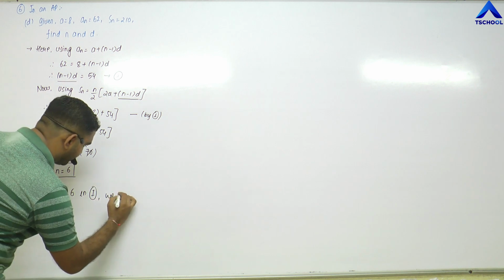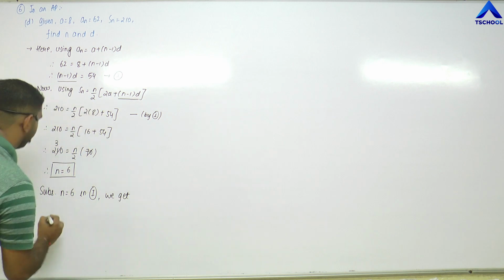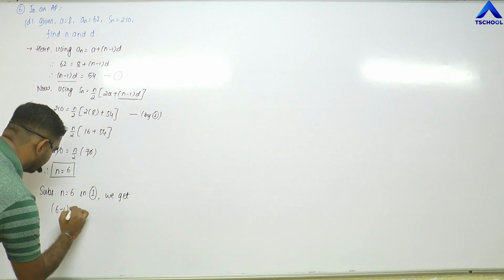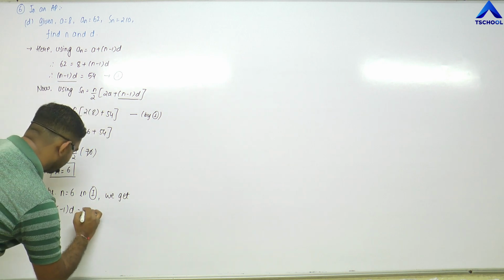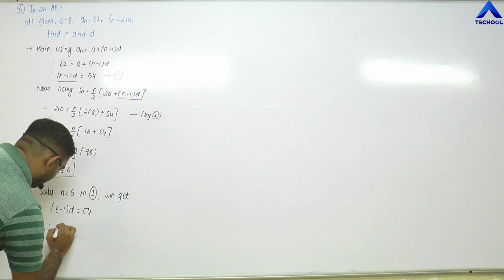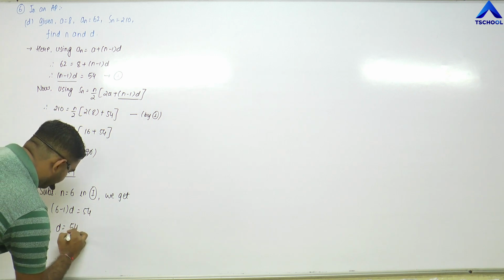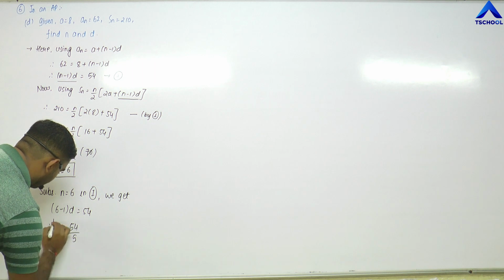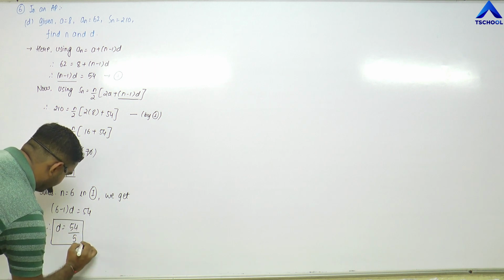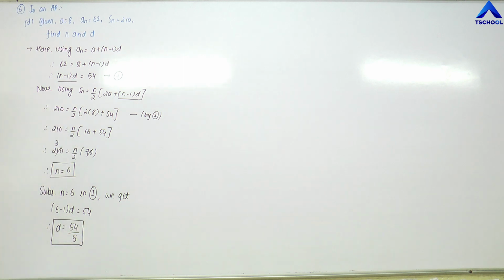We get 6 minus 1 into d is equals to 54. Therefore, d is equals to 54 upon 5. So we got the answer that n is equals to 6 and d is equals to 54 upon 5. Is it clear, friends? So this is the fourth one.